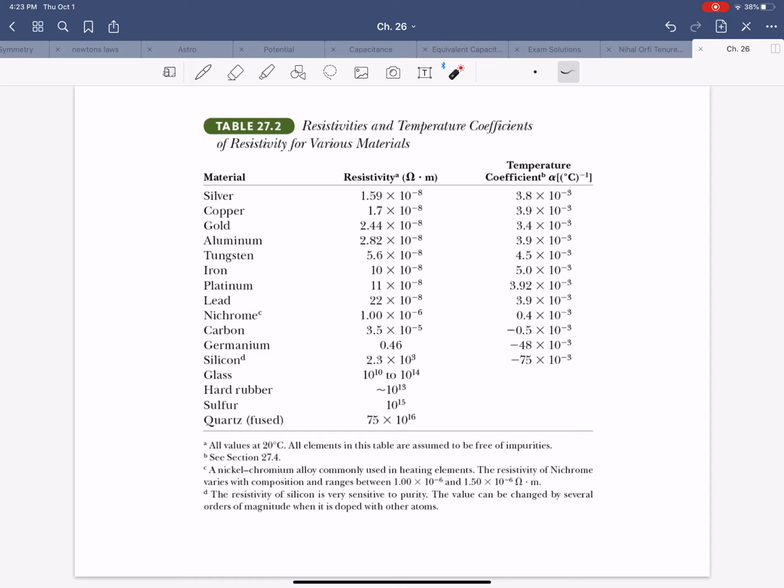It's relatively cheap, and that's why it's used almost universally in electric circuits. However, materials like rubber or glass or silicon have high resistivities and low conductivities. That's why they're typically used in dielectrics, or as an insulator.